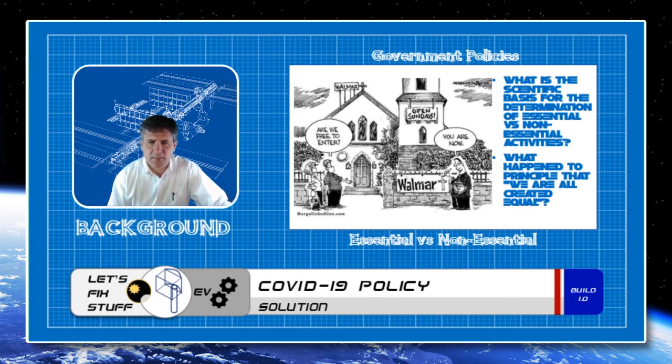And then each and every one of these governors who are declaring such policies has violated that fundamental principle enshrined in our Declaration of Independence that says that we are all created equal. And many constitutions across the country also specify that our laws are meant for the equal benefit of all of us. So the idea of dividing us into an essential and non-essential camp is completely antithetical to the principle that we are all created equal.